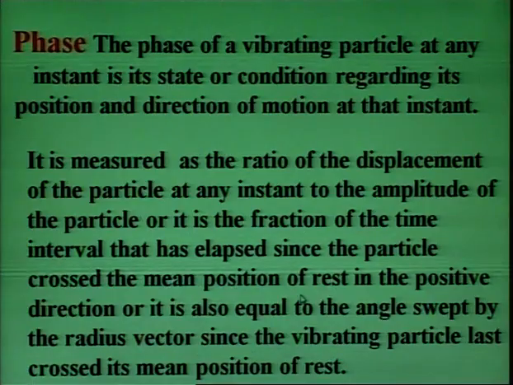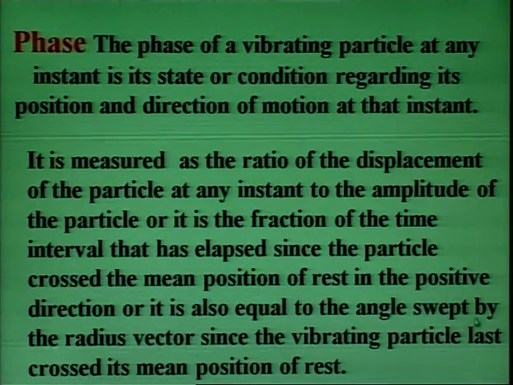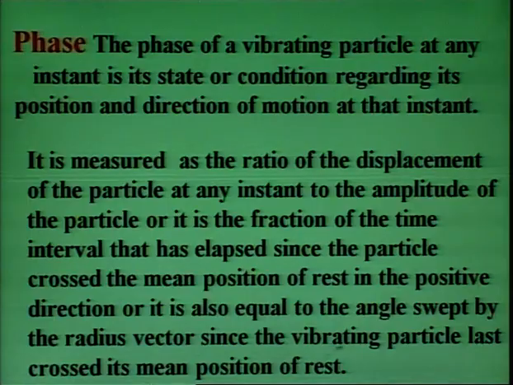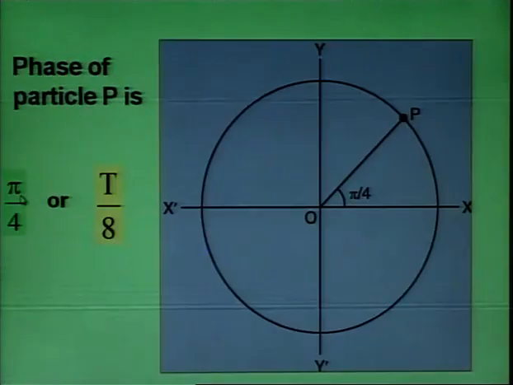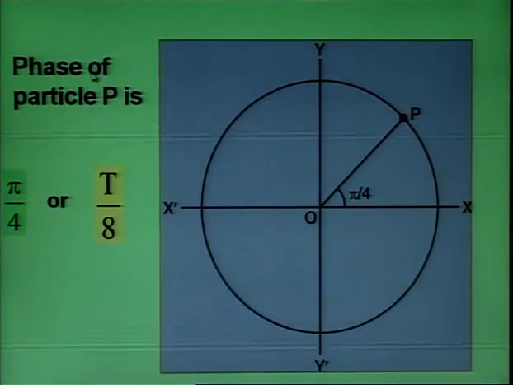Okay. Second way, first is it is ratio of displacement or amplitude. Second is it is the fraction of time interval that has elapsed since the particle crossed the mean position, and also it is equal to the angle swept by the radius vector since the vibrating particle last crossed its mean position of rest. So there are different ways of representing phase of a particle.